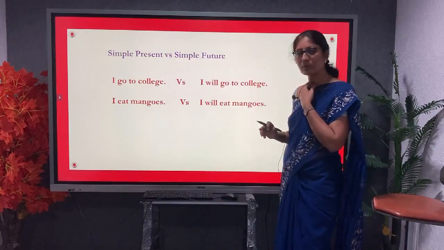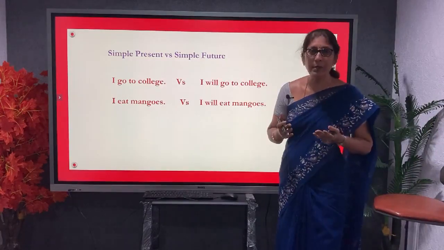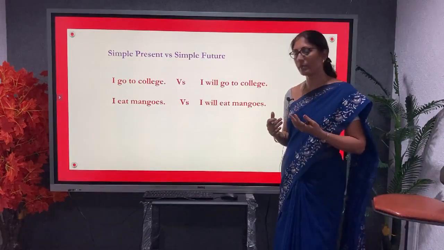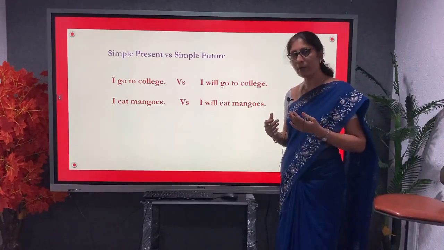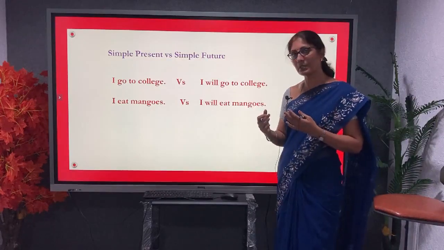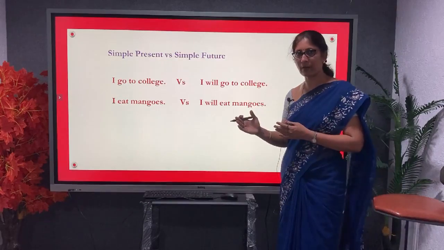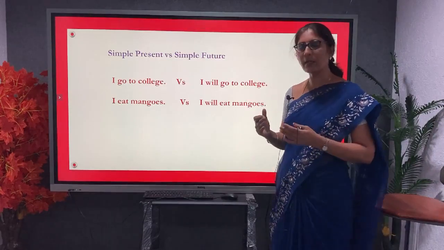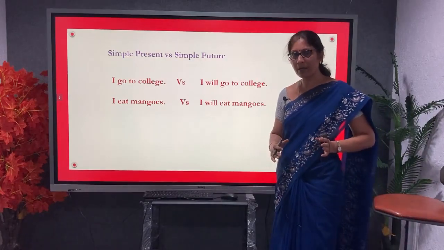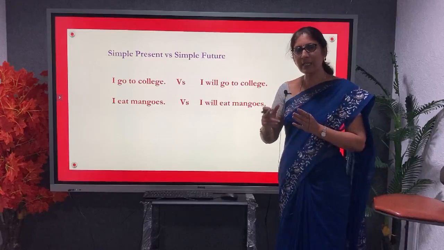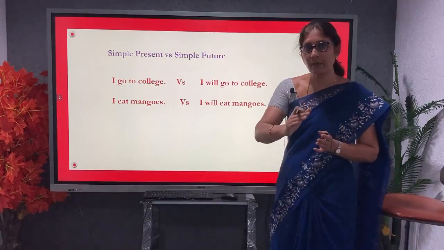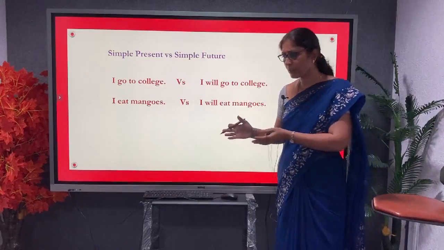I eat mangoes means you have the habit of eating mangoes. So I take chapati for my lunch means I have the habit of taking chapati for my lunch. It's my regular habit. Sometimes I take rice, that's different. I'll take chapati tonight means it's not my hobby or habit, but I will take chapati. The difference is, I take chapati means this is your habit. I will take means this time you are taking.